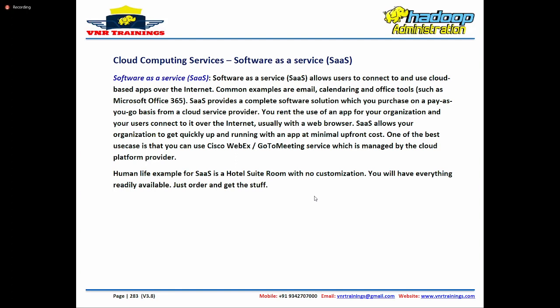The human life example for SaaS is a hotel suite room with no customization. If you go to a 5-star hotel and take a suite room for rent, it will contain a TV, sofa, cot, bed, kitchen, everything.